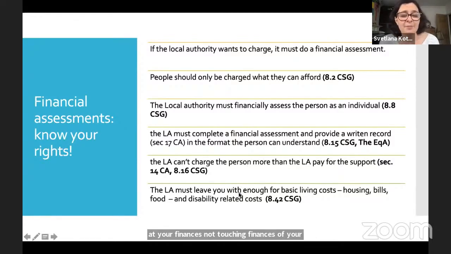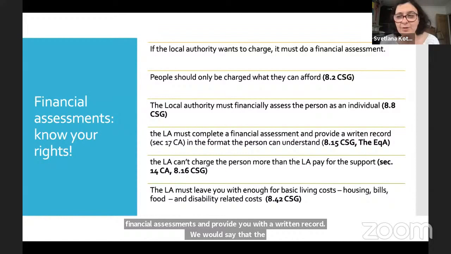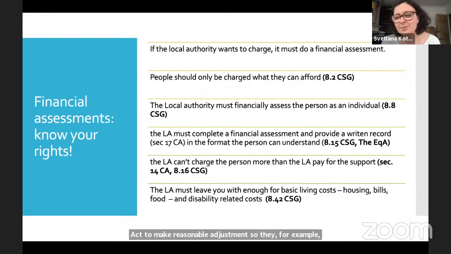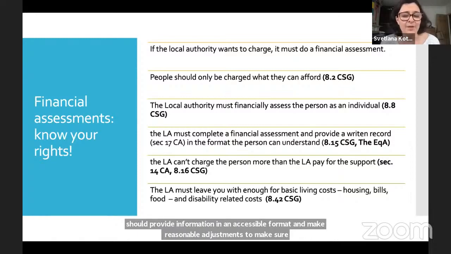The local authority must complete the financial assessment and provide you with a written record. The process must be accessible, because the local authority also has duties under the Equality Act to make reasonable adjustments. For example, they should provide information in accessible formats and make reasonable adjustments to make sure the person can participate in the assessment process.